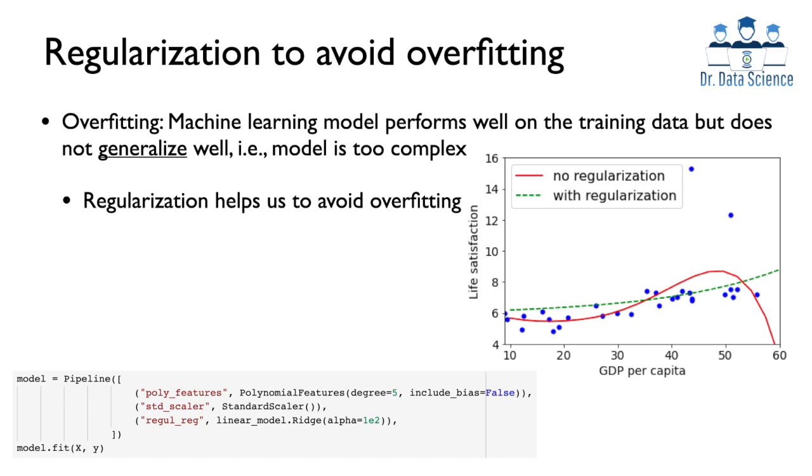On the other hand, you can see that when we use regularization using ridge regression, we found a nonlinear function, the green one that you can see, shown using this dotted function. And obviously we can see that, even though it's nonlinear, it's very smooth, and it's much more likely to capture the trend of the data and perform well on the testing data compared to the case when we don't use regularization.